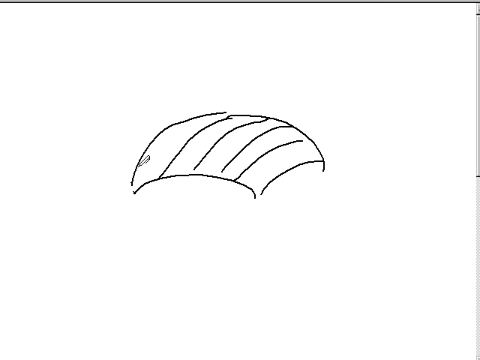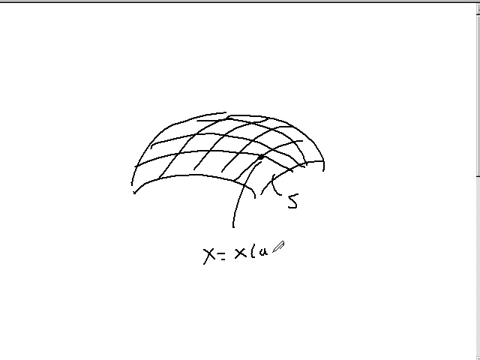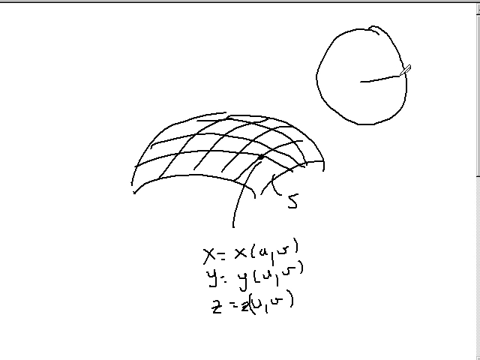And what you're doing is essentially, if you have a surface in 3 dimensions, you're writing a local coordinate system, say u here and v here. So this is your surface S, and you've got some x as a function of u and v, y as a function of u and v, and z as a function of u and v.